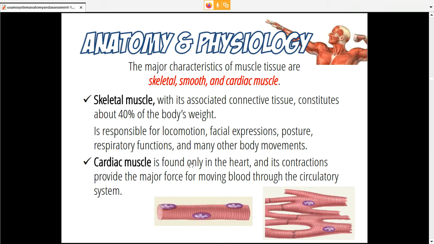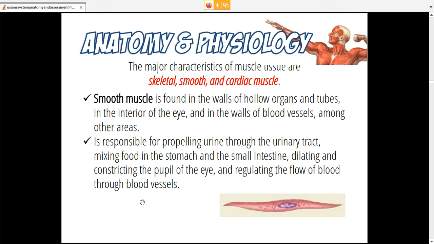Then cardiac muscle is found only in the heart, and its contractions provide the major force for moving the blood through the circulatory system. Okay, then the last muscle is the smooth muscle. It is found in the walls of hollow organs like stomach, intestines, and uterus. Even you can identify it in the urinary bladder as well.